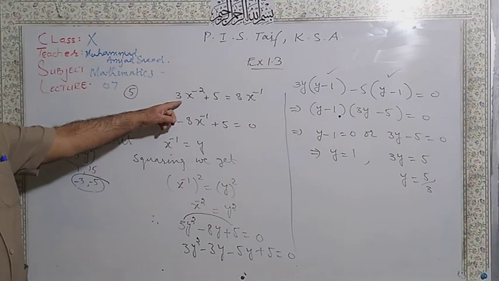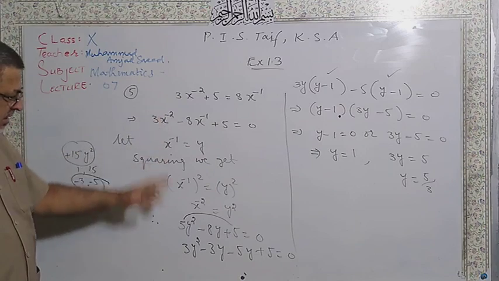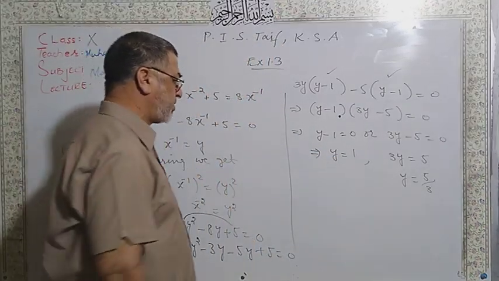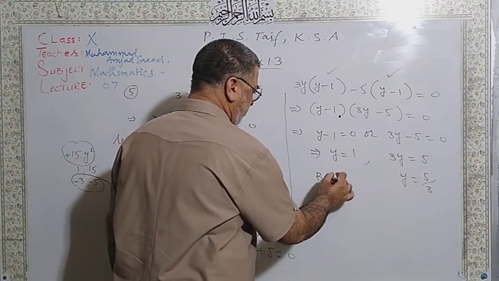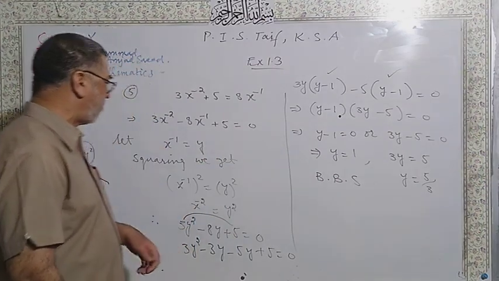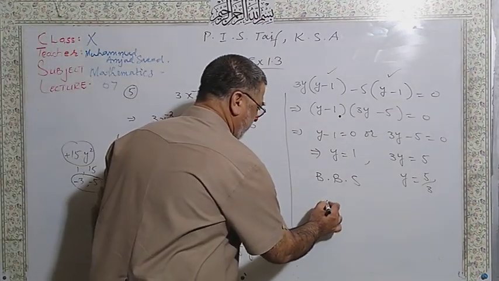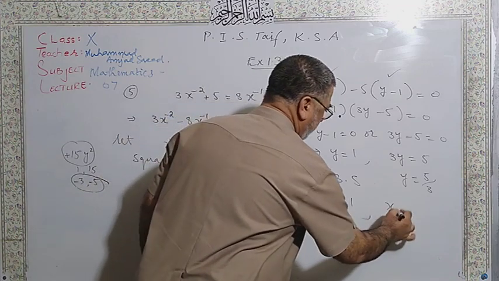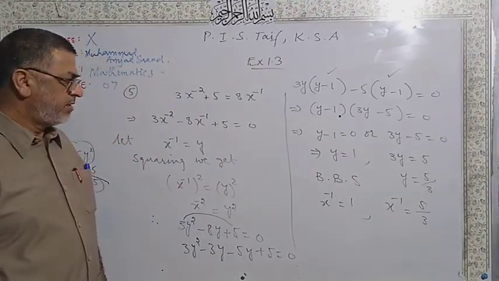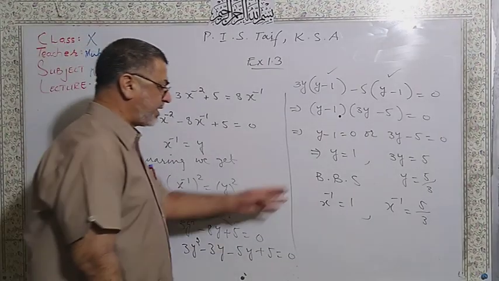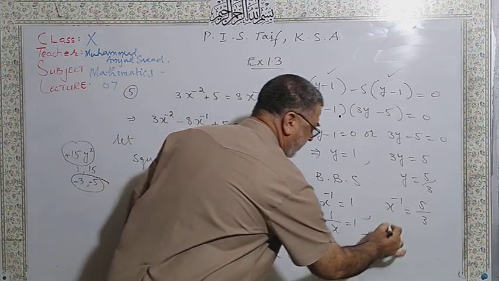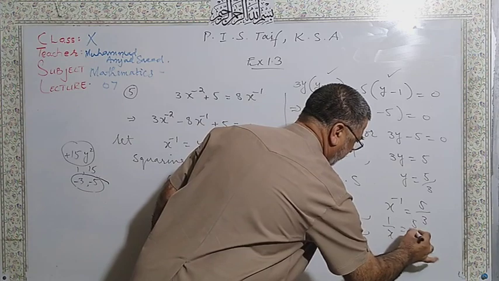Your question was in variable x and you got the answer in y, so you can use backward substitution. Instead of y you apply x^(-1) = 1 and x^(-1) = 5/3. Dear students, you can have 1/x = 1 and 1/x = 5/3.